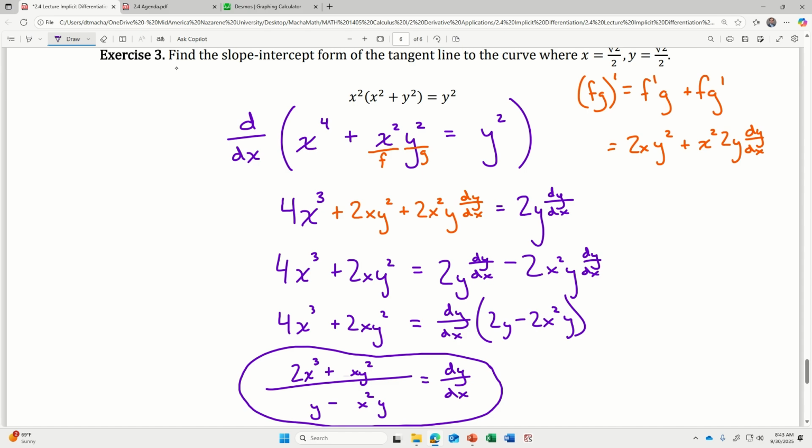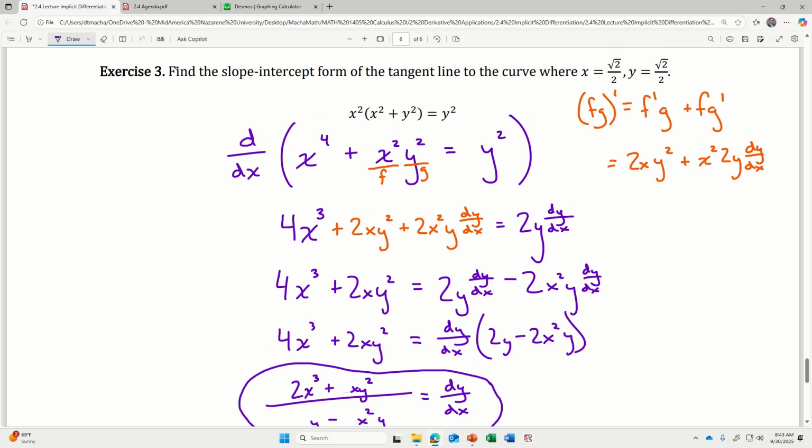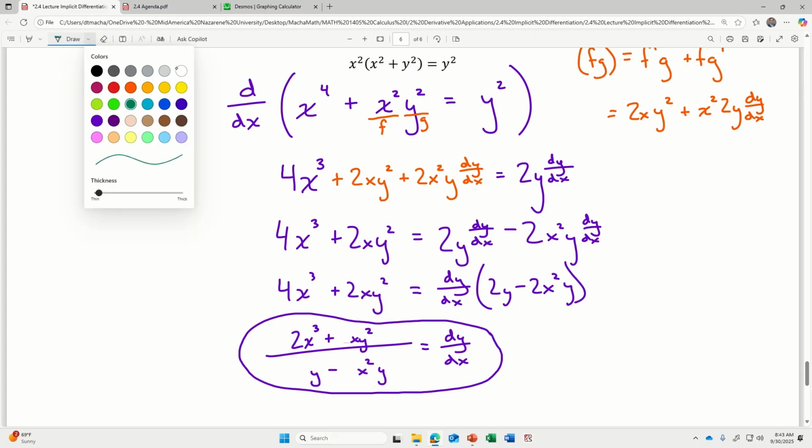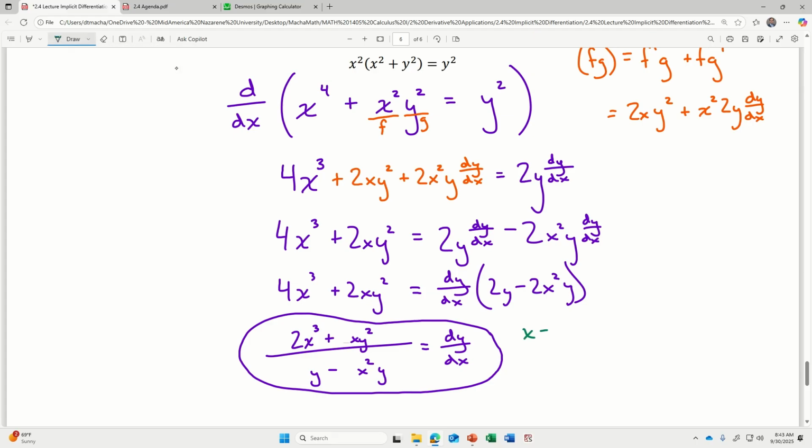So that's part of it. We just found dy dx. The next thing I need is to figure out what is dy dx at these given points, where x is equal to square root 2 over 2 and y is equal to square root 2 over 2. So let's proceed with that, and see what we get.